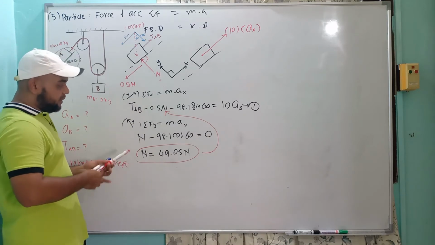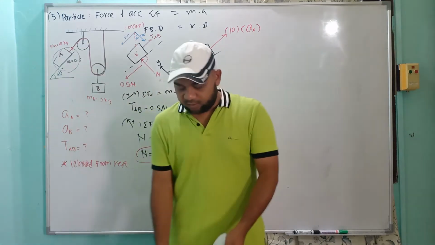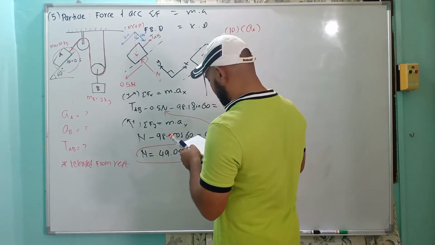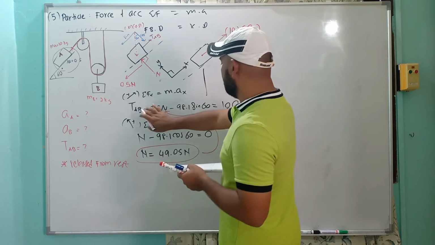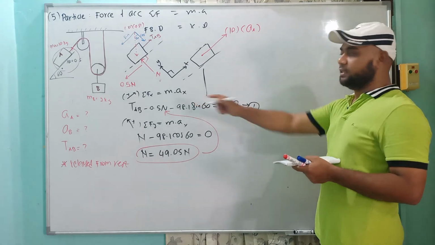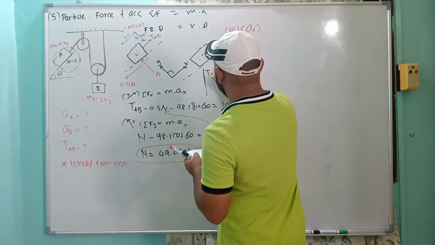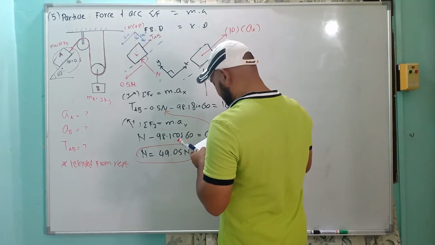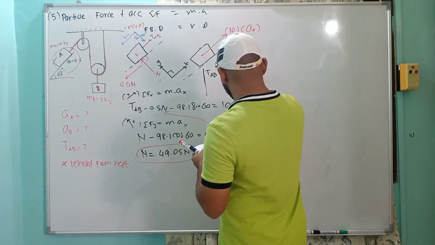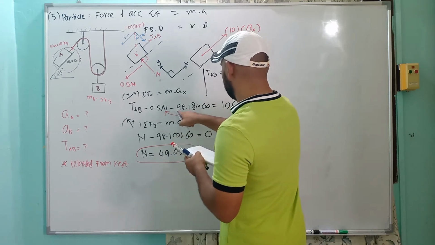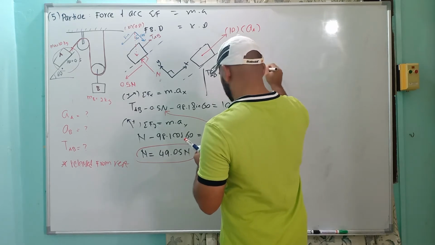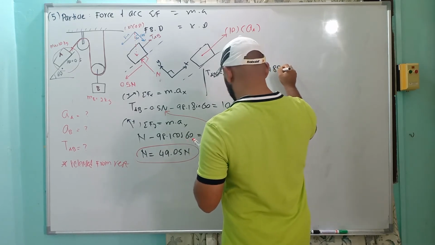If you replace it, you can directly simplify. I replace N here and move everything to this side, leaving only TAB. So TAB equals 10AA, this one minus becomes plus, this one also becomes plus, so plus 109.485.